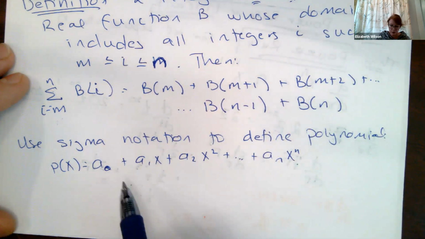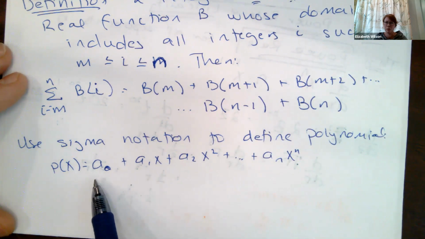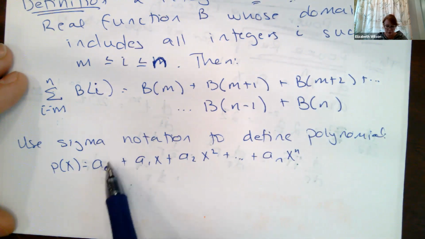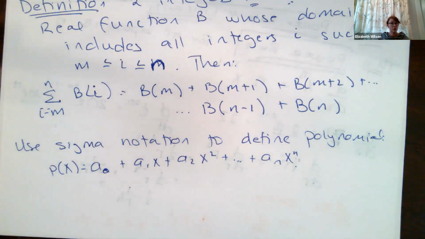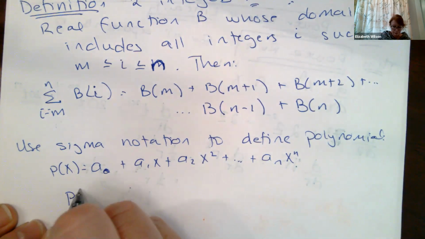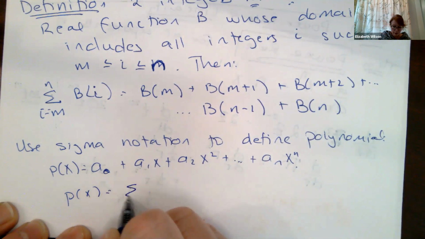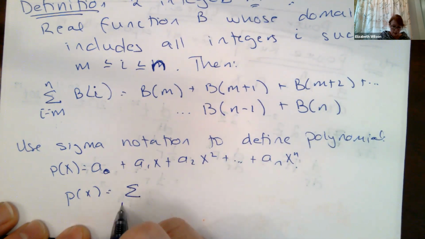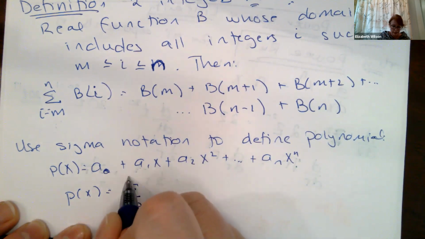Okay, this is our polynomial, right? You notice how I started at the smallest exponent value and I worked my way up. It's opposite from what we usually think, but it allows me to take this polynomial and represent it using sigma notation. So I can say i equals 0 to n, right?